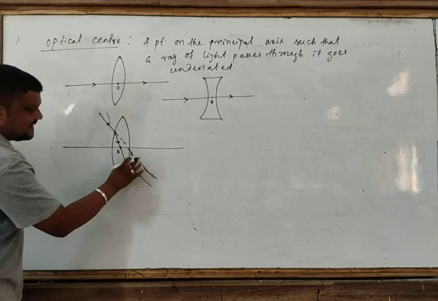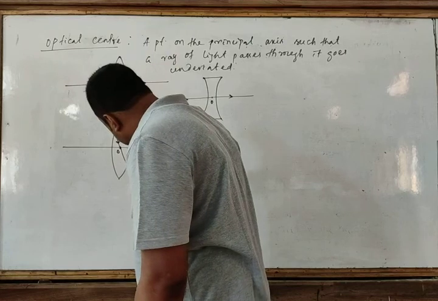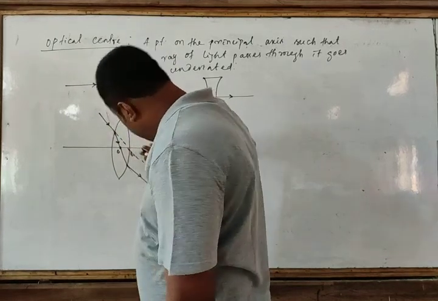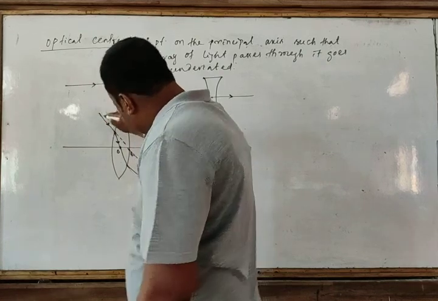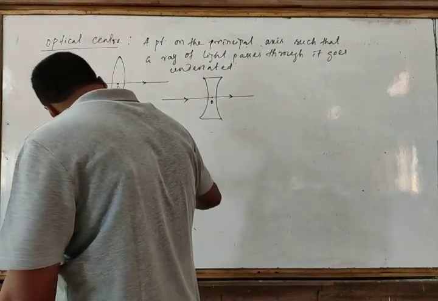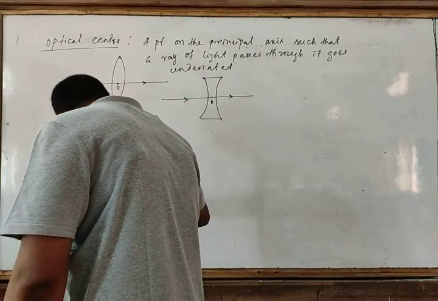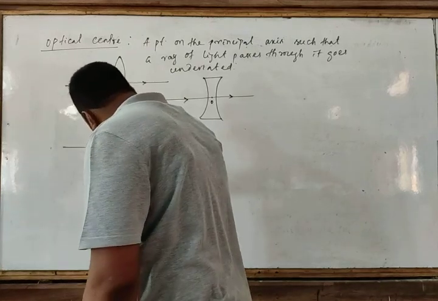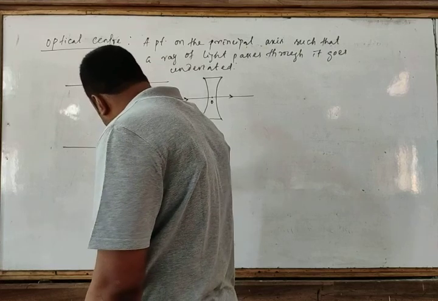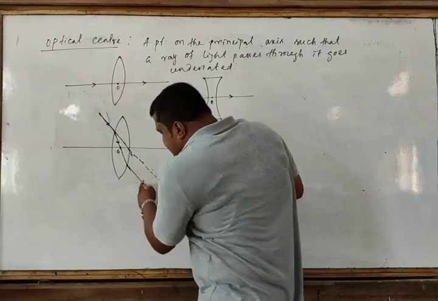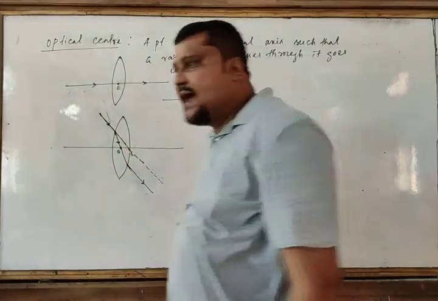The actual incident path, if there is no refraction, is shown like this, and the emergent ray should be parallel to it. So this point is called the optical center.